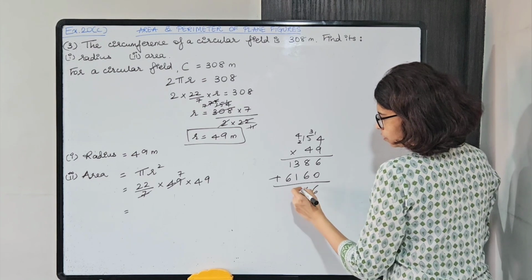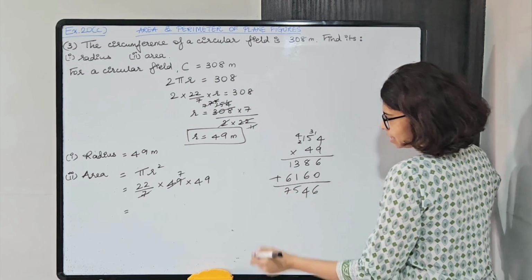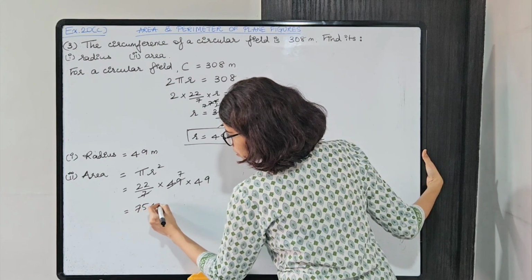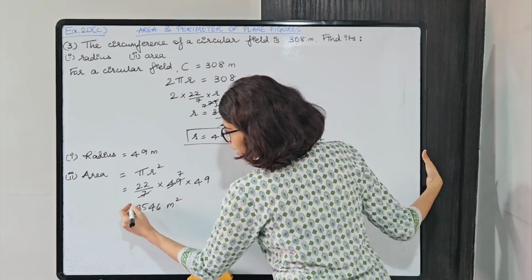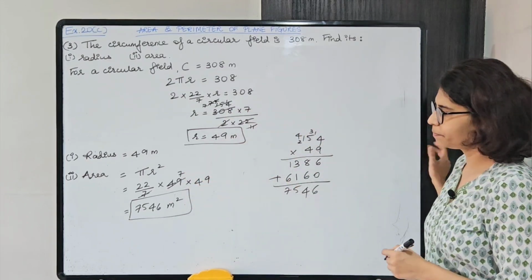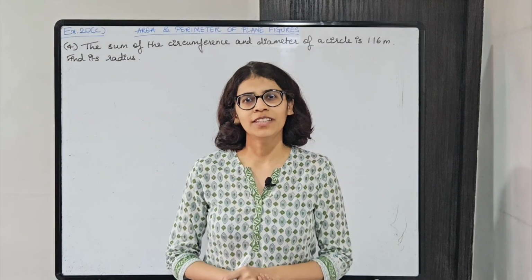So 7546 स्क्वायर मीटर. डोंट फॉरगेट द यूनिट्स. बॉक्स कर दो आंसर को. सो एरिया भी मिल गया. ओके, लेट्स सॉल्व द नेक्स्ट क्वेश्चन.